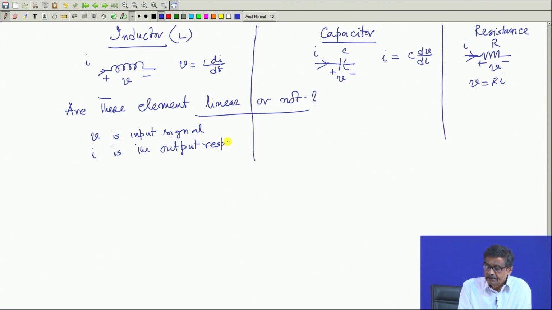This point you listen carefully. The question is, if you do not apply any input signal, then this output I must be 0. That is the first thing for superposition. V is equal to 0, I must be 0.